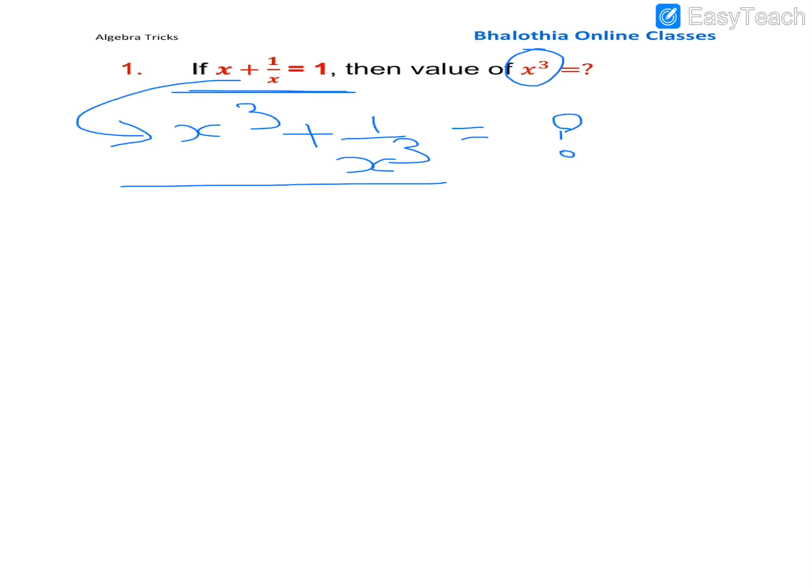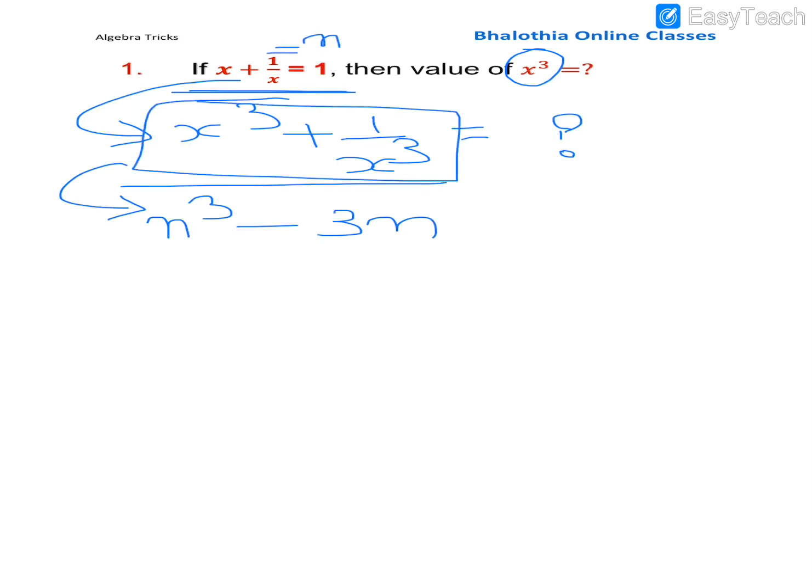If x plus 1 upon x is equal to n, then x cube plus 1 upon x cube equals n raised to the power 3 minus 3n. This is the formula, so we will just use it.